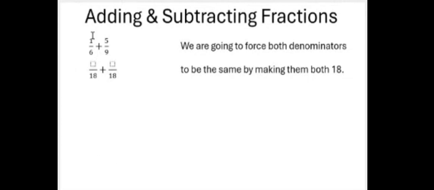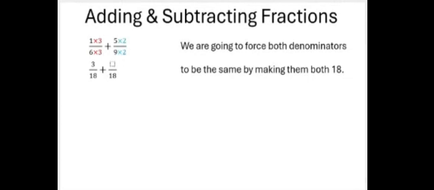So in order to make this first denominator, in order to make that 6 into an 18, I had to multiply by 3. So I multiply the bottom by 3 and the top by 3, which gives me 3 over 18. In order to make this second denominator an 18, I had to multiply 9 by 2 to get 18.